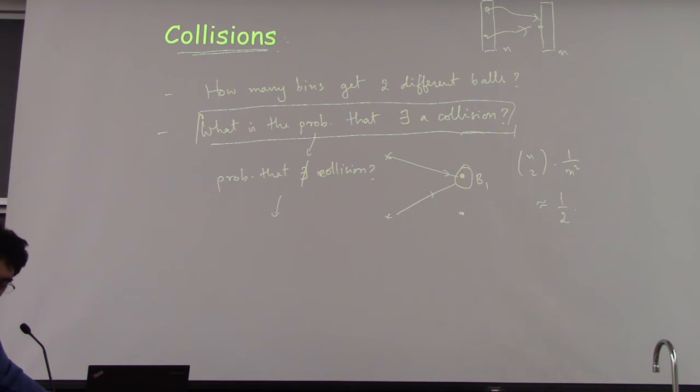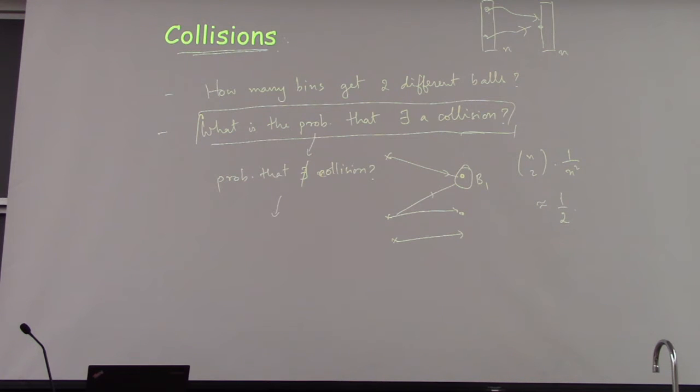What we are asking for is, there are a total of n to the n assignments, and of those we are asking how many are permutations. What's the likelihood that exactly one goes to each thing? The resulting assignment is exactly like a permutation.